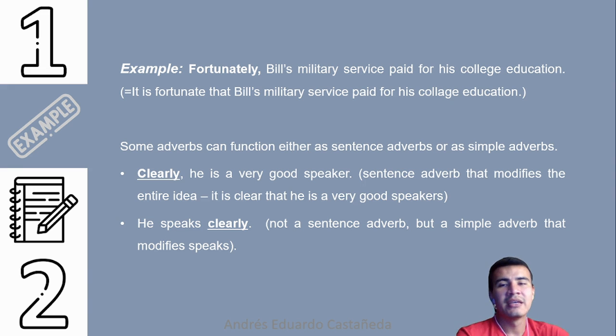Firstly, "Clearly, he is a very good speaker," where clearly is a sentence adverb that modifies the entire idea. That is equal to saying, "It's clear that he is a very good speaker." On the other hand, we have a simple adverb in the sentence "He speaks clearly." Not a sentence adverb, but a simple adverb that modifies speaks.